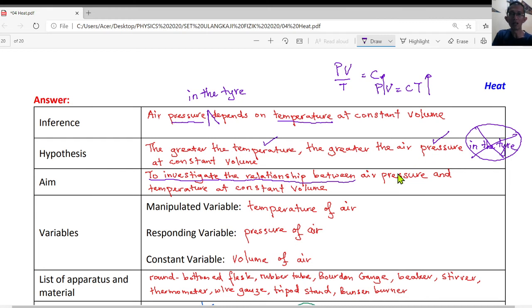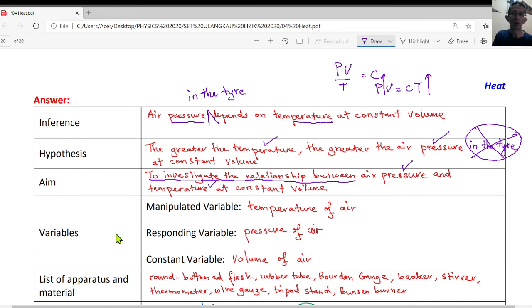So for the aim, it must be to investigate the relationship between the pressure and the temperature. It's okay if you don't mention constant volume, but it's better to mention it, because we are talking about gas law, and gas law is always about pressure, volume and temperature.